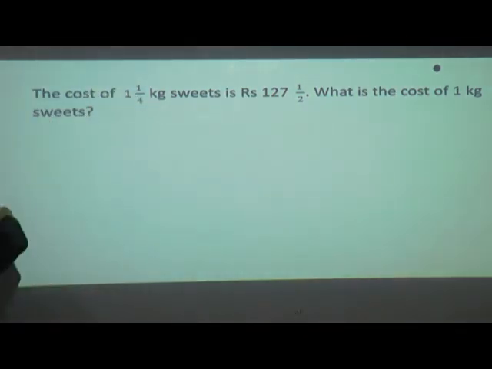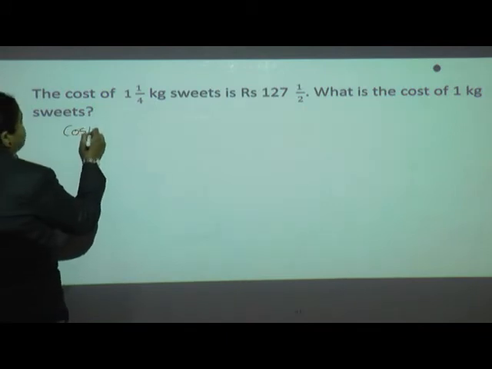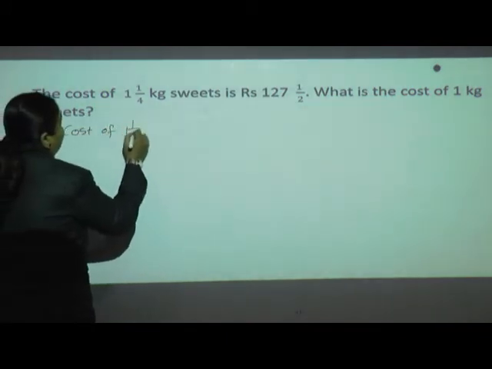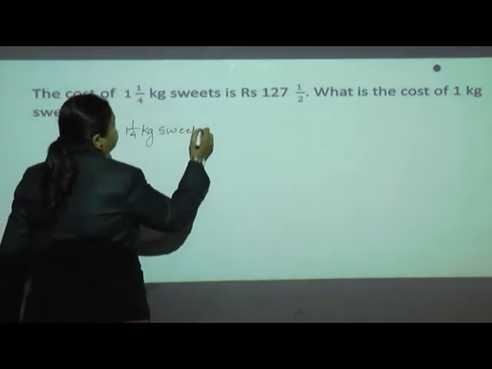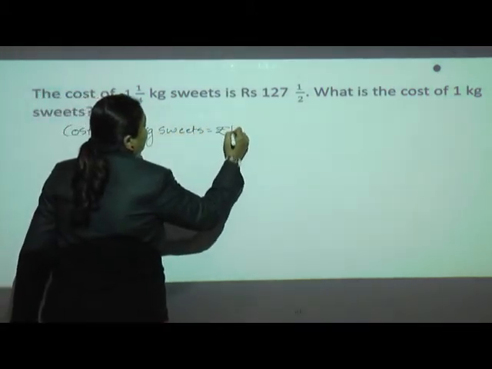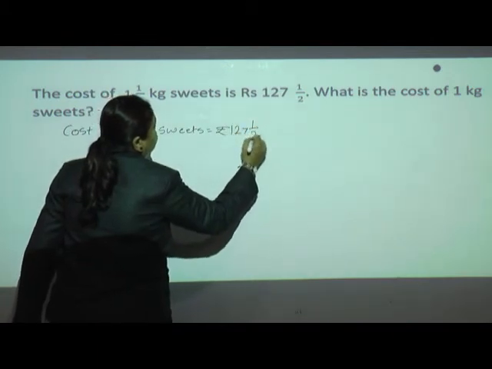The cost of 1/4 kg sweet is equal to rupees 127 1/2.